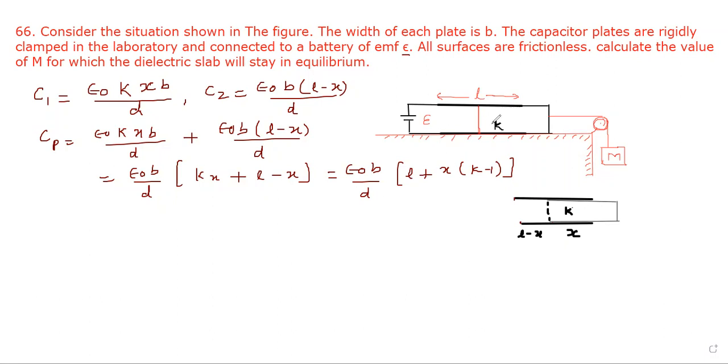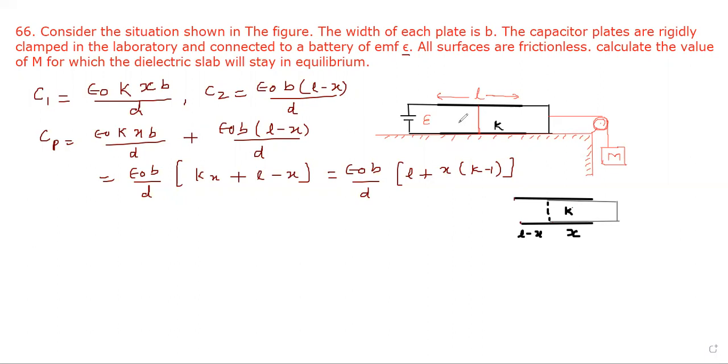Now, if the force applied by the battery on the dielectric is F and it moves through distance dx, here we are considering the motion of this dielectric towards the battery, then the work done by the battery will be equal to the change in energy of the capacitor plus the work done by the force on the capacitor.